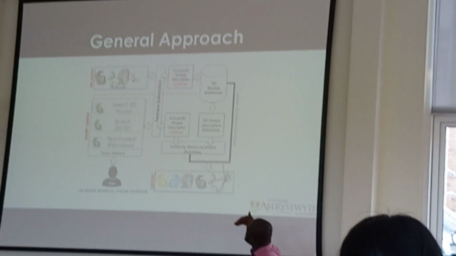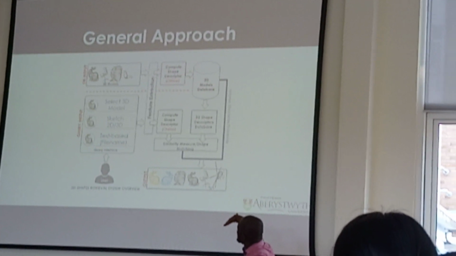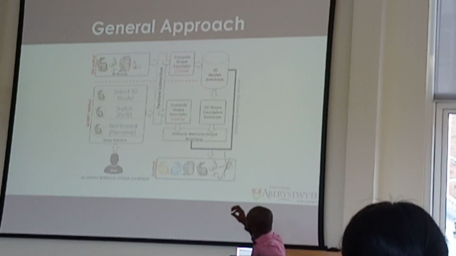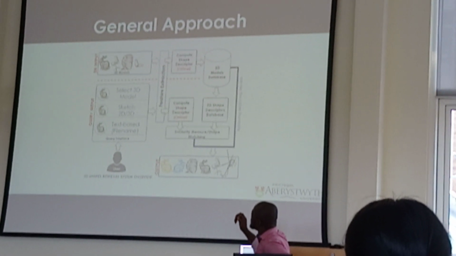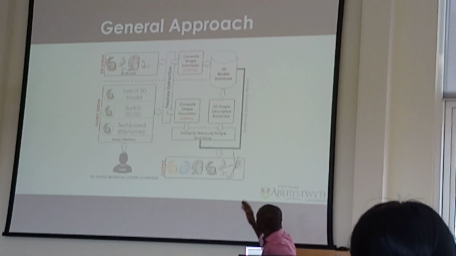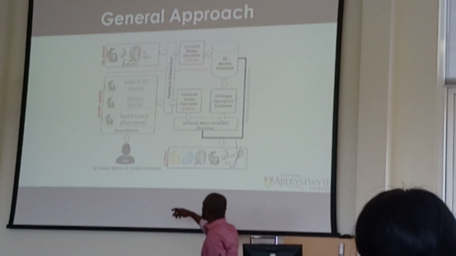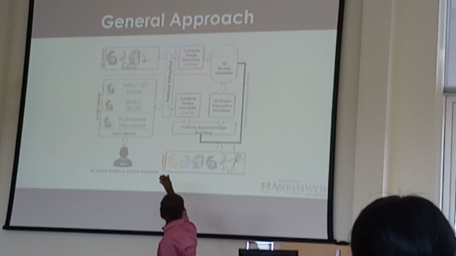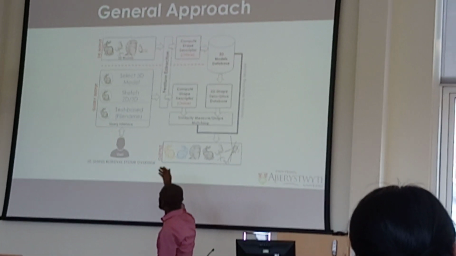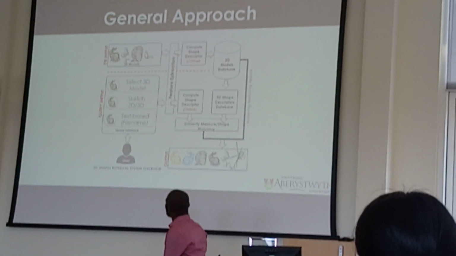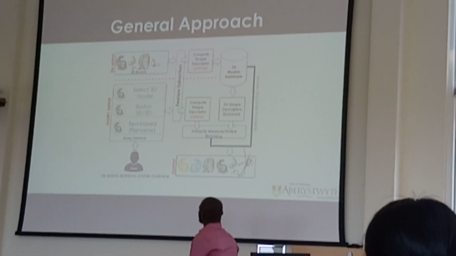And so there are 2 stages to this. We have the offline stage and then we have the online stage. What happens during the offline stage is we are given a large collection of 3D models. First of all, we compute shape descriptors like I explained before, and put them in the database. Then there is a query model, on the right-hand side, which can come in the form of text, which is no longer valid for certain reasons, or we sketch a model that fits the kind of object we want to retrieve from the database.